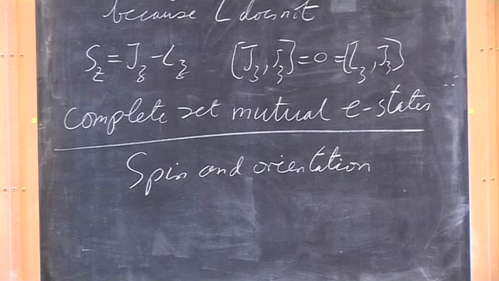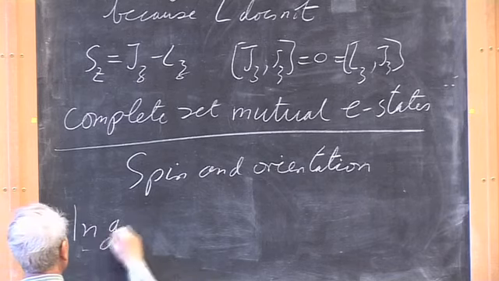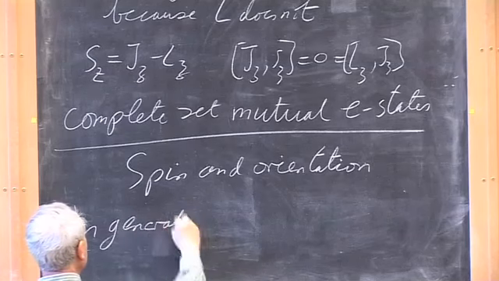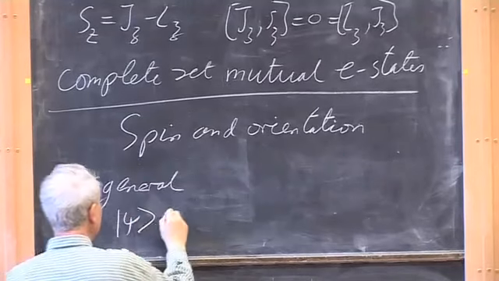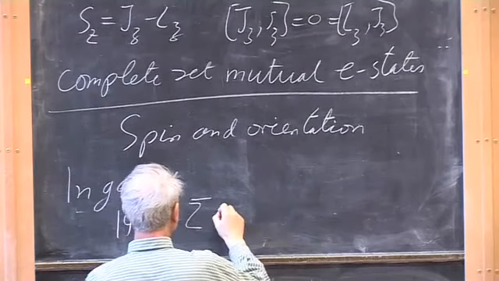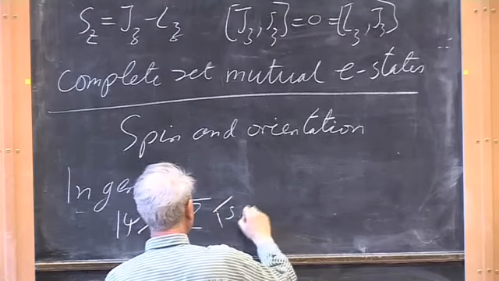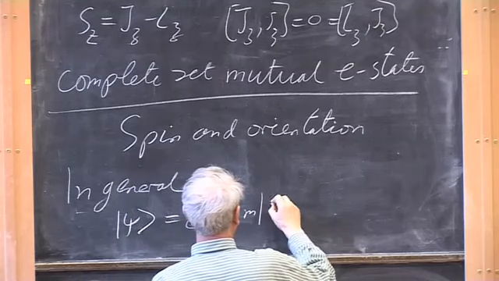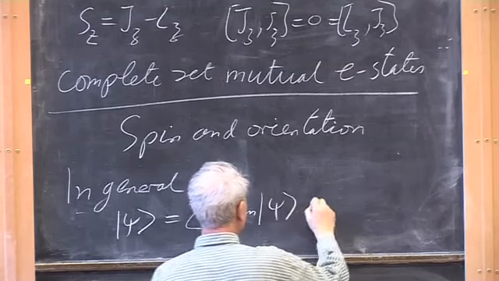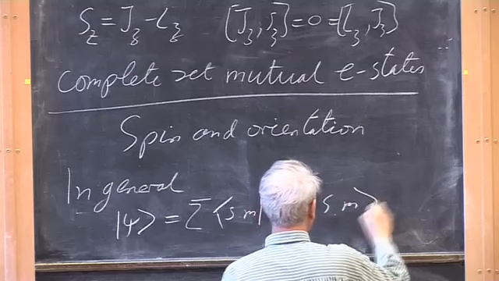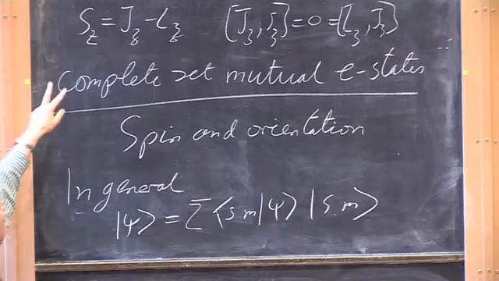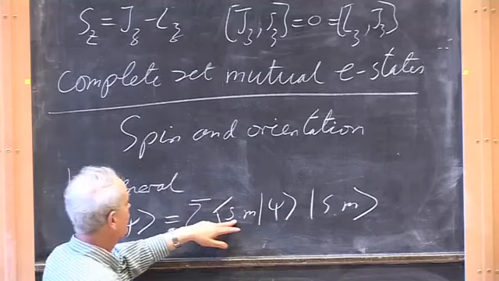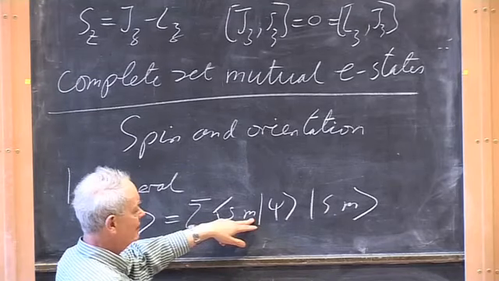So in general, the internal configuration of a system we could write as psi equal to the sum of coefficients times |s m>. We've got a complete set of mutual eigenstates of S squared and Sz, right?